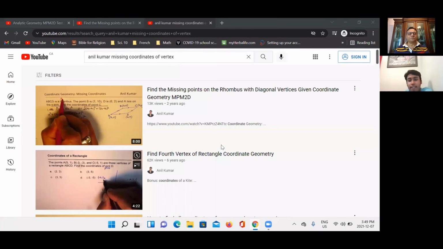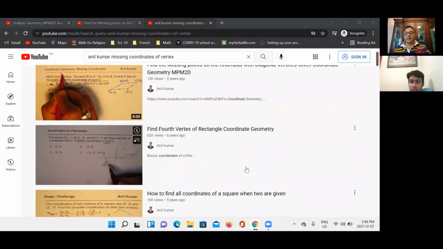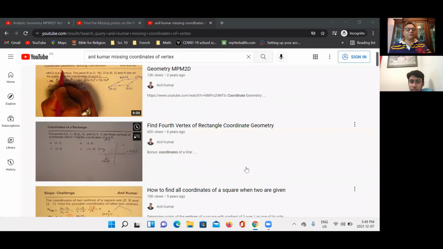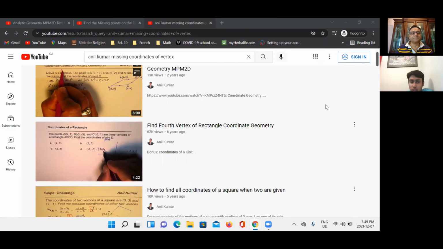There. So next one also, find fourth vertex of rectangle, coordinate geometry, right? So we have a question here. Can you read the question? The points A, B, and C are three vertices of a rectangle ABCD. Find the coordinates of point D. Correct.